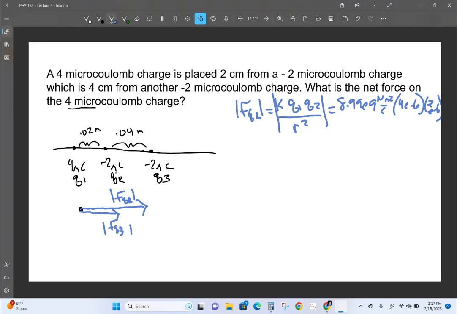Now, remember that micro is 10 to the negative 6, so we're going to make sure that everything is in coulombs and meters. And this is going to be 0.02 meters squared. These are both in coulombs, so my coulombs are going to go away, my meters are going to go away. I'm going to put this into my calculator, and I just want the absolute value of it, so I'm going to drop that negative.